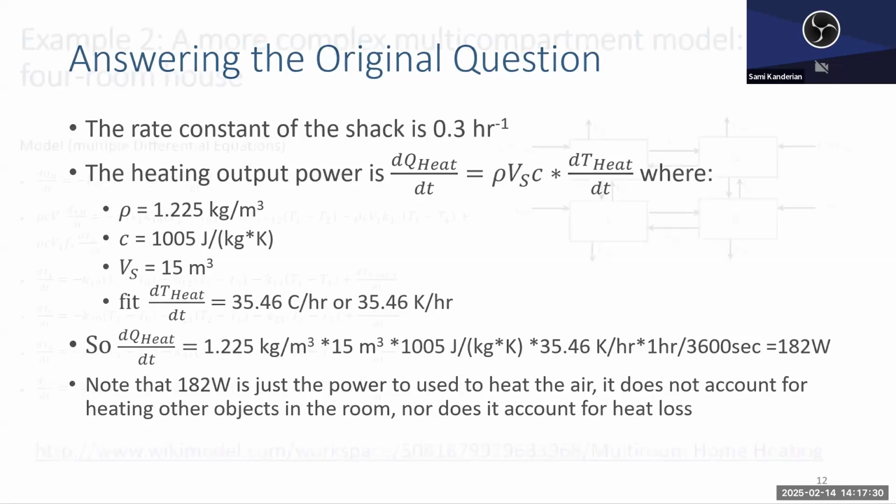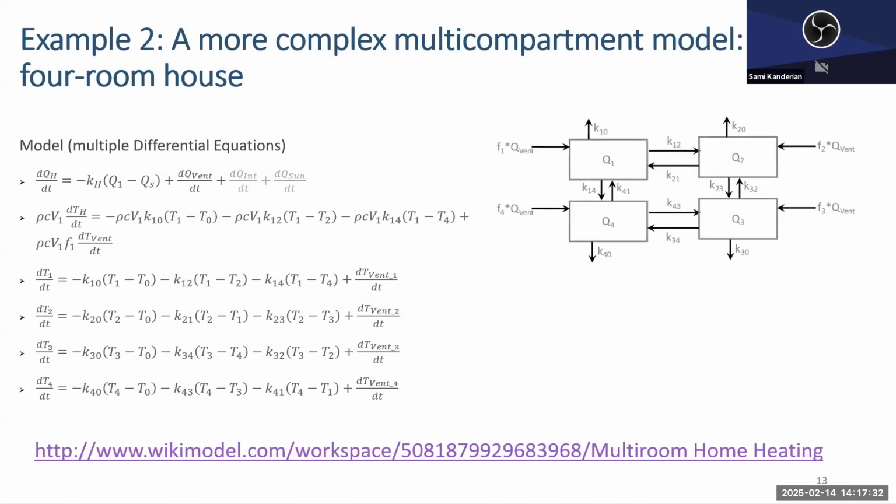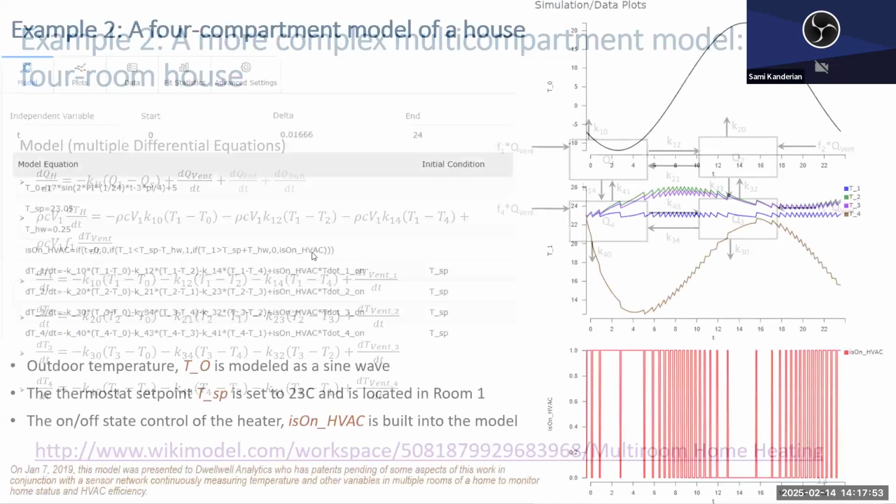That's an example. You can actually increase the complexity of the problem and say, instead of just a one-room shack, what if I have a four-bedroom house where I've got vents in every room, so instead of one compartment, I now have four compartments.